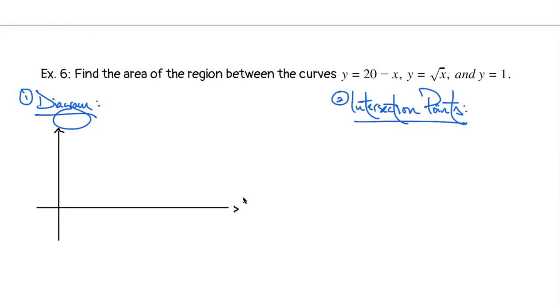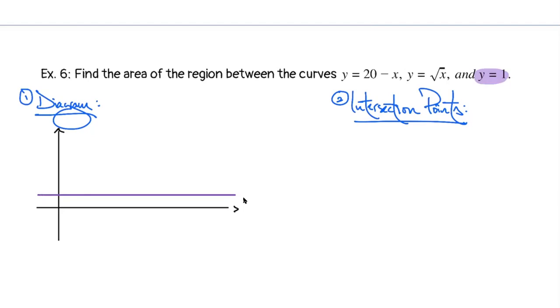Let's start with this one. I think that's a nice, straightforward one. What does that look like? Y equals 1. Yeah, it is a line at y equals 1, and more specifically, it is a horizontal line at y equals 1.